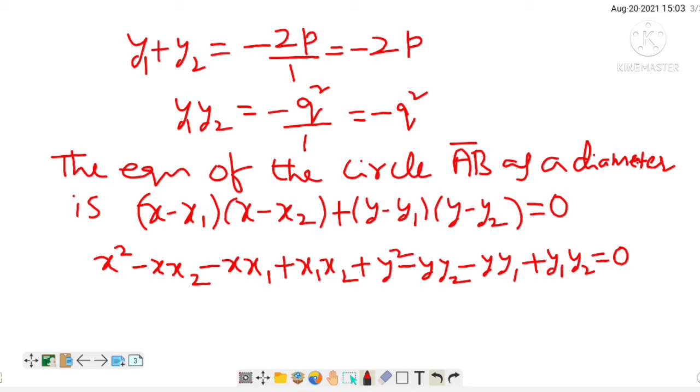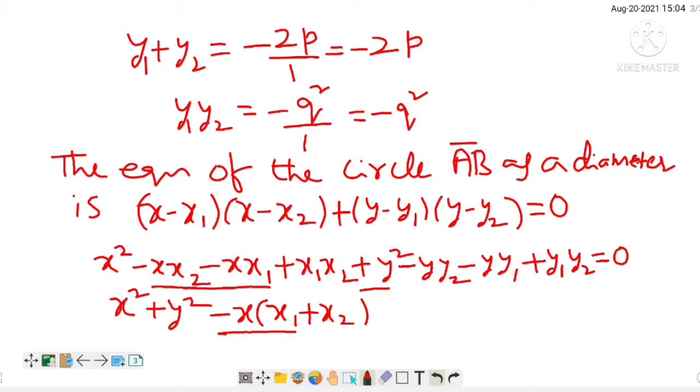So here write x square plus y square. Now taking minus x common, minus x into x1 plus x2, and taking minus y common, minus y into y1 plus y2.